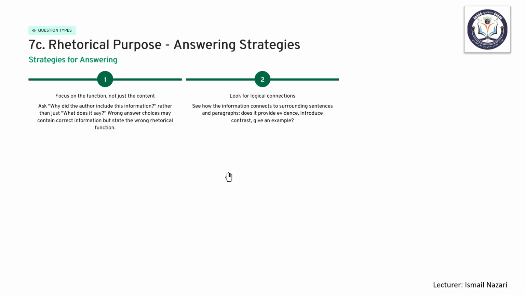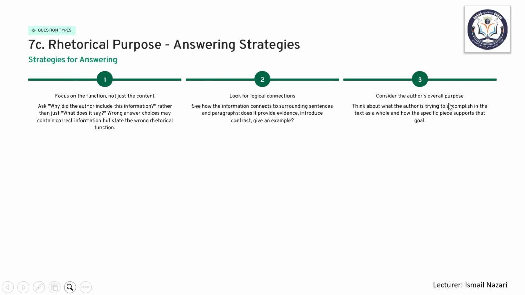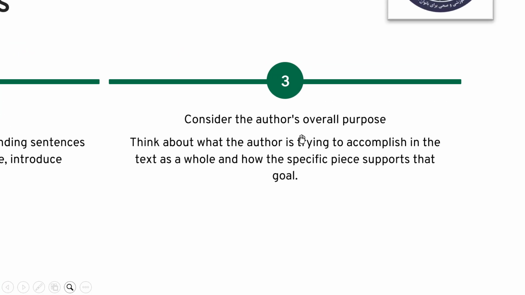The third thing is to consider the overall purpose. When I say considering the author's overall purpose, I mean check what the reason is that the whole passage is written. Think about what the author is trying to accomplish in the text as a whole, and how the specific piece supports that goal.